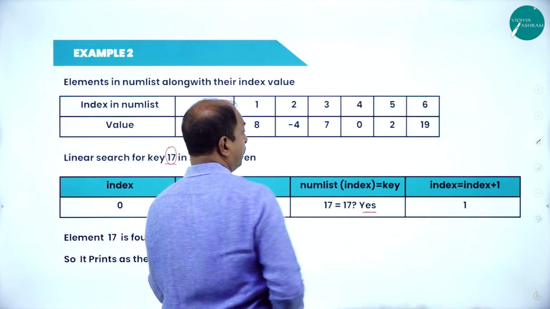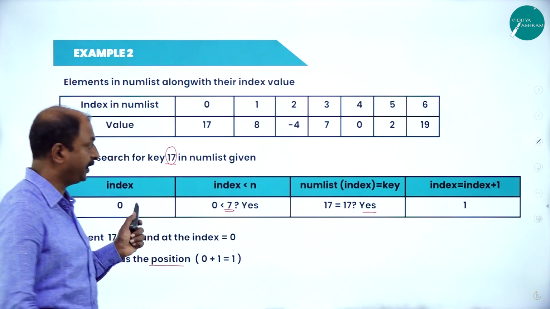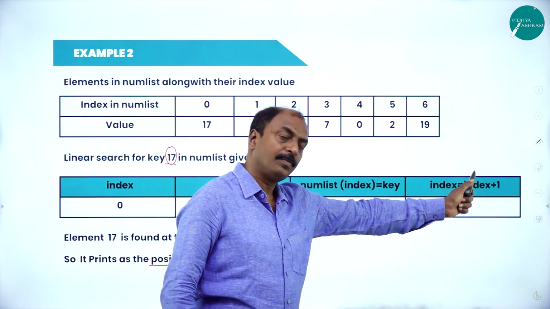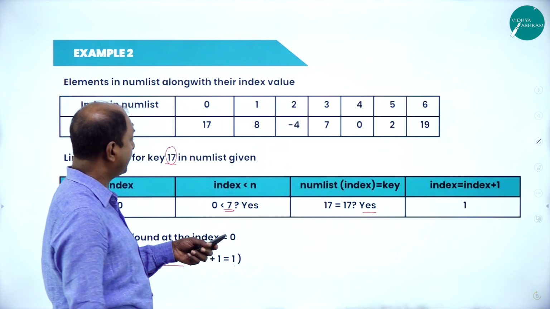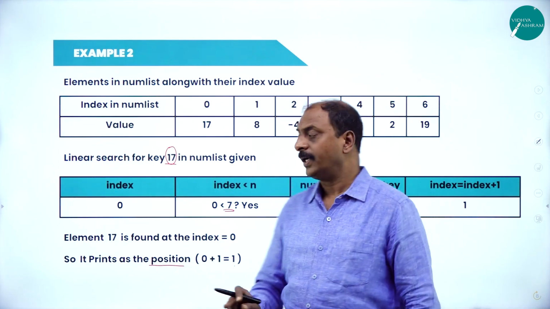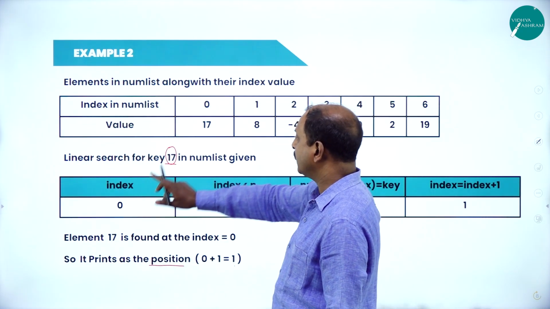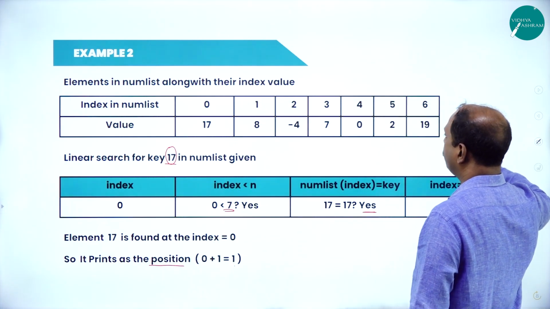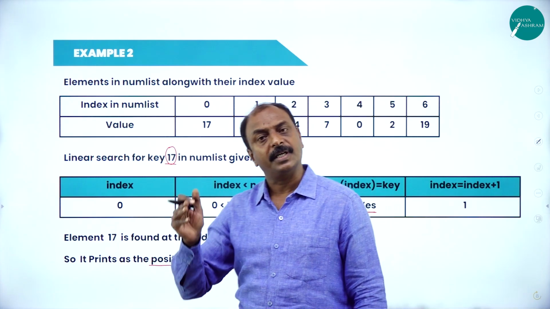So here in the table we can make out this is the index 0 and this is the position 1, or we can say index plus 1. So this is the second example, but in this example we could find the search element at the beginning, as the first element itself. So it doesn't require comparing the other elements in the given list.